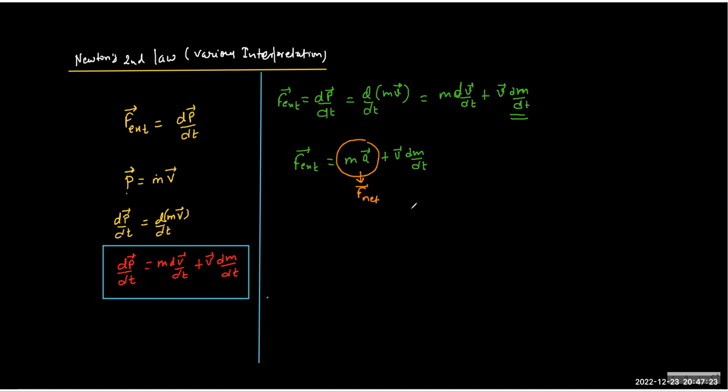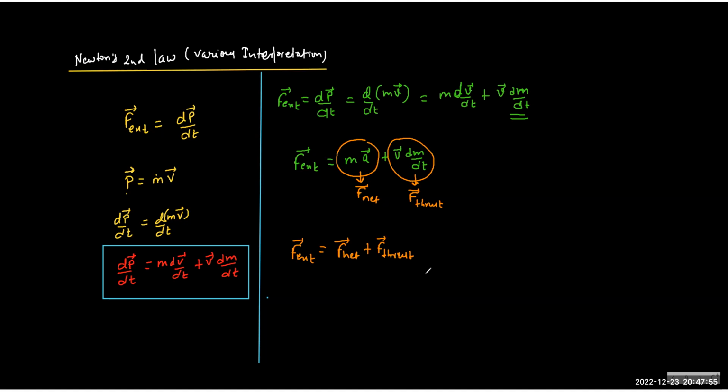In your high school, what you studied was that Newton's second law is F equals ma, isn't it? Yes. Which is now wrong. So you cannot use the same definition today. F external is actually Newton's second law, which is the sum of net force and force due to the change of mass, which we call thrust force.